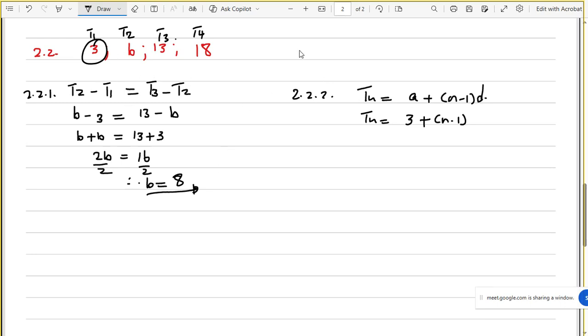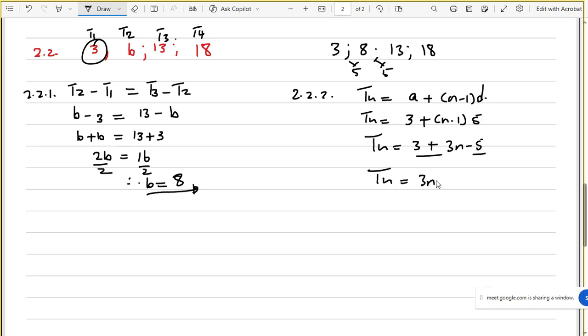The constant difference: I'll say this is 3, b which is 8, 13, 18. So the difference here is 5. Therefore, to find Tn, multiply the brackets. This will be 3 plus 5n minus 5, add the like terms. So the Tn is 5n, 3 minus 5, that equals negative 2. So that is your general term.